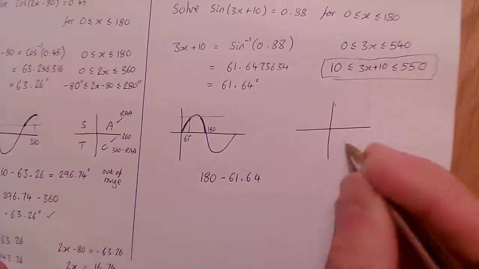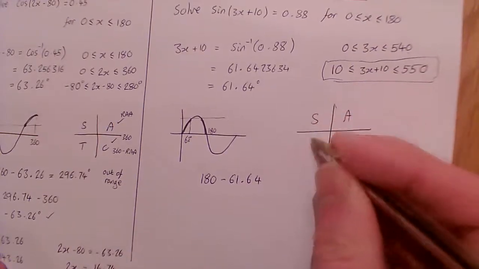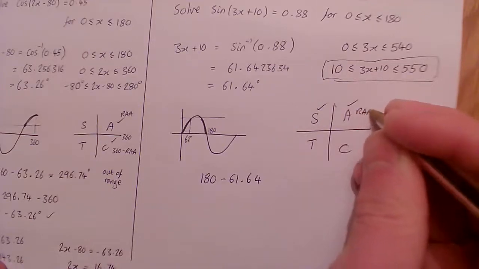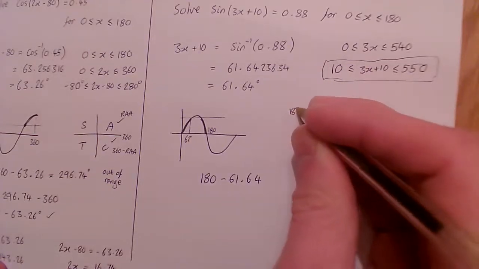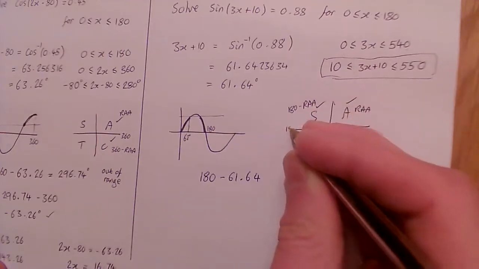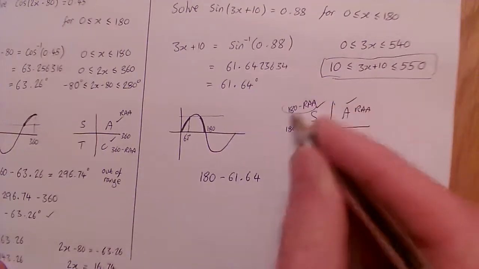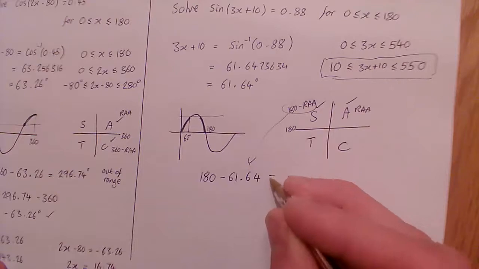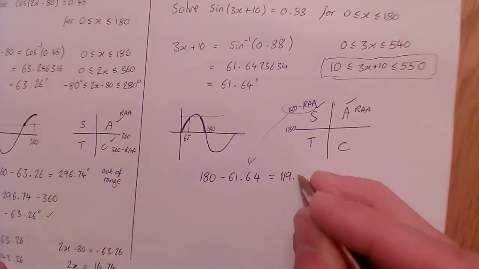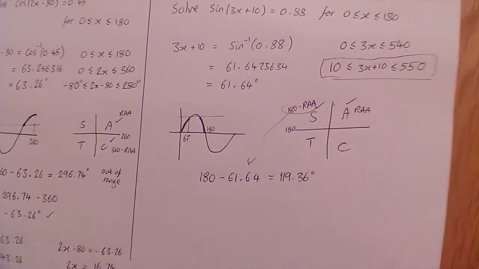Again, as ever, you could get that from your CAST diagram, because sine is positive here and here. That's your relative acute angle. This is 180 minus your relative acute angle. So we're just doing that exact same calculation there. Working that out gives you 119.36 degrees.